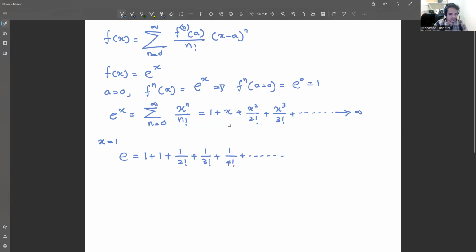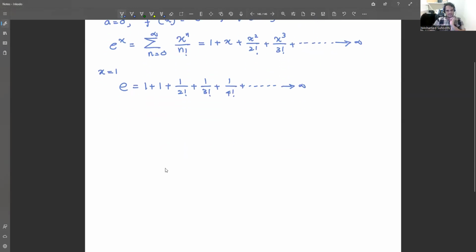So like that, it will go till infinity, right? If you calculate this value, you can get the value of e, right? Okay, so this is the way we are calculating e. This is something you studied already, right?